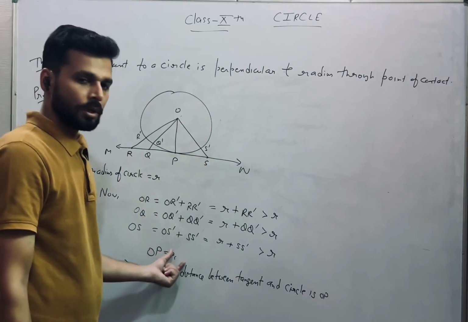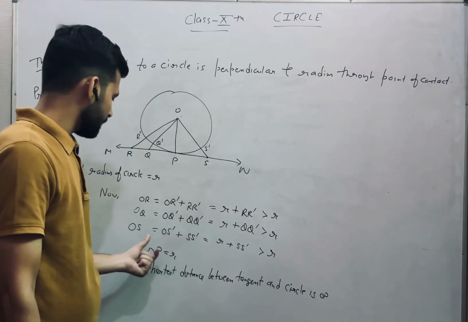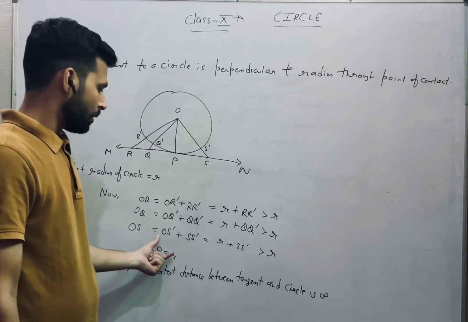OP is equal to R, and all other distances are greater than R, which means the shortest distance between the center of the circle and the tangent of the circle is OP.